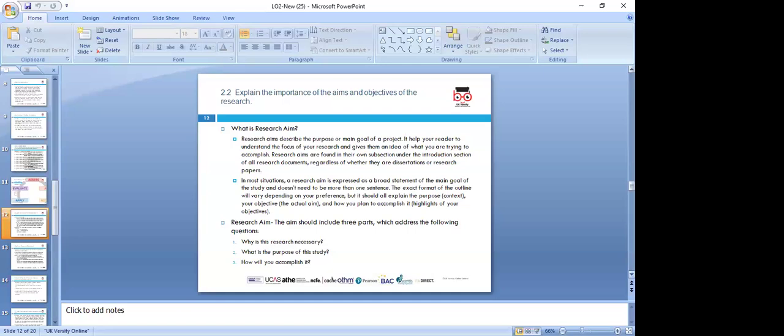The aim will then tell you why this research is necessary. What is the purpose of the study and how would you accomplish it? Oftentimes it should not be more than one sentence.